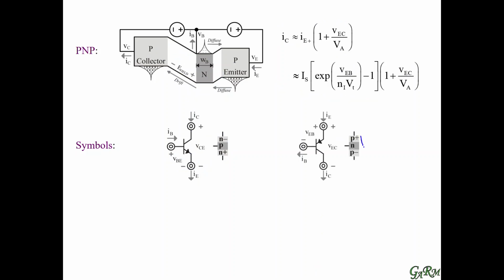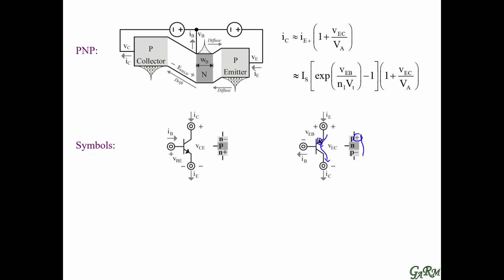And here we have the PNP structure. The emitter is the one that is highly doped, so that's the one that gets the arrow. Since current in the PNP is hole current, that is going from the emitter all the way to the collector, current is flowing into the emitter, so that's why that arrow is flowing into the emitter.